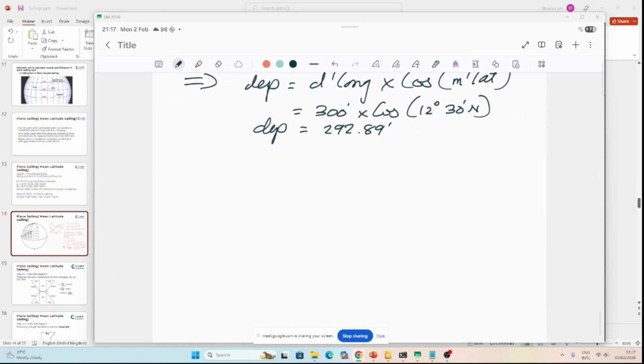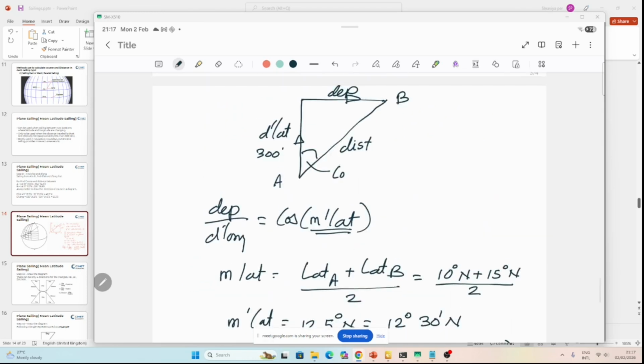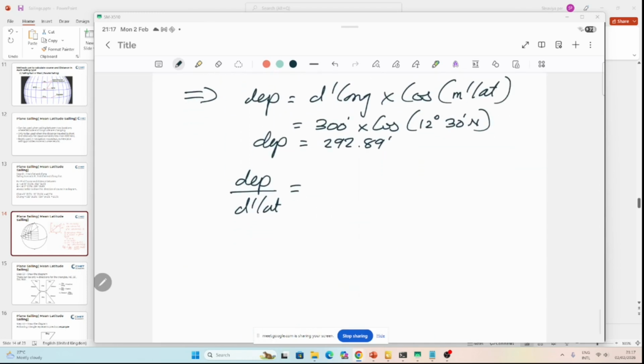Now, departure divided by d is equal to, even here you can see that departure divided by d is tan course. All right. So departure divided by d is equal to tan course.